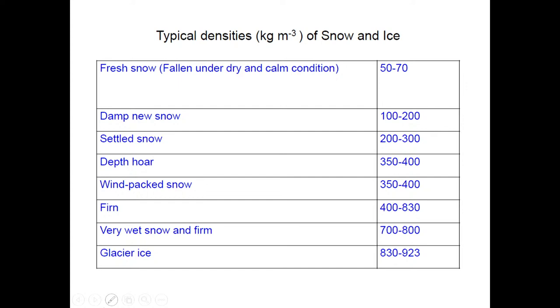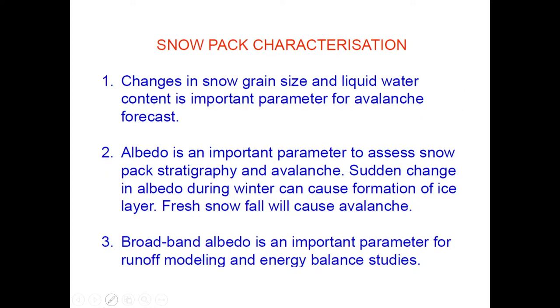The firn is 400 to 830, and glacier ice has a density of 830 to 923 kg per meter cube. So based on the compaction and the density, we can separate out the snow and ice. In the initial slides, we will focus on the snow.